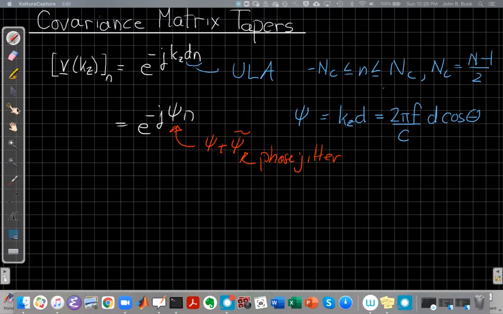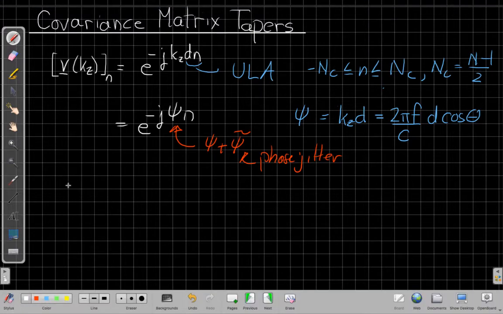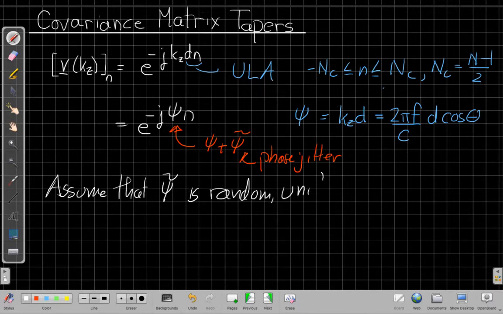And so we're going to assume that that phase jitter, psi tilde, is random, that it's uniform between, so we don't know exactly what it is, but we can put an upper bound on how much of it there will be.